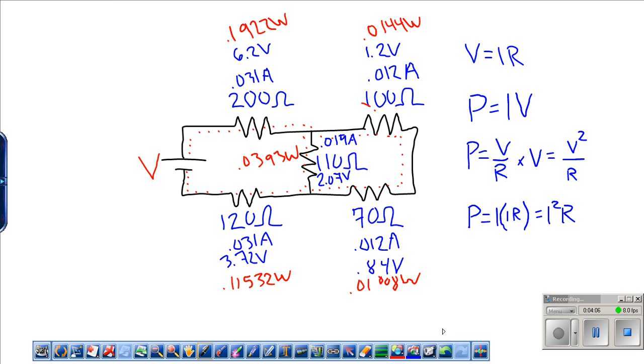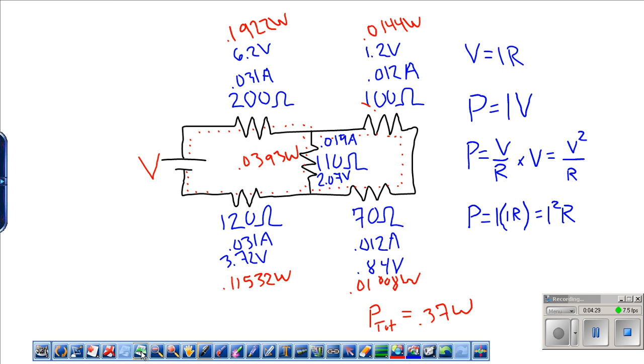Putting these all into the calculator, I find that it is about, we'll say, power total equals 0.37 watts. So add it all up, we're expending a little over a third of a watt.